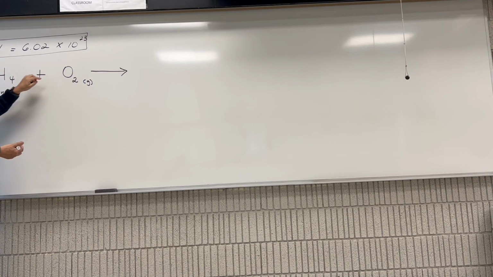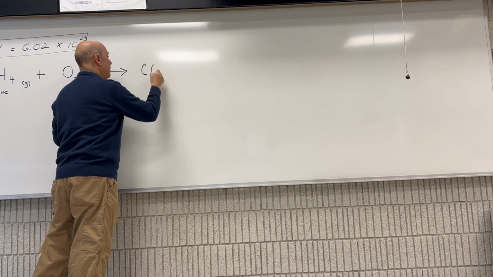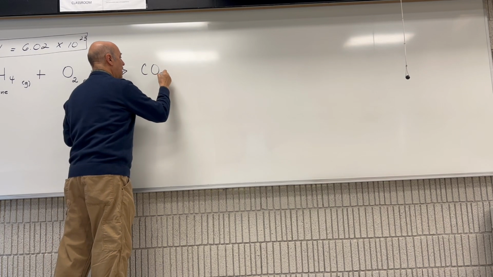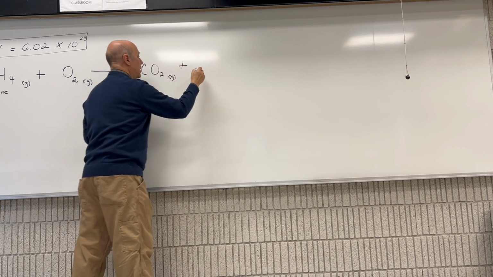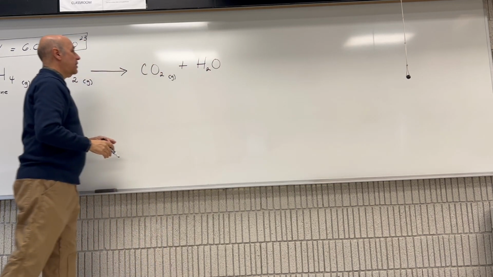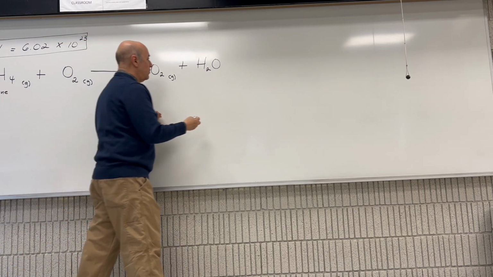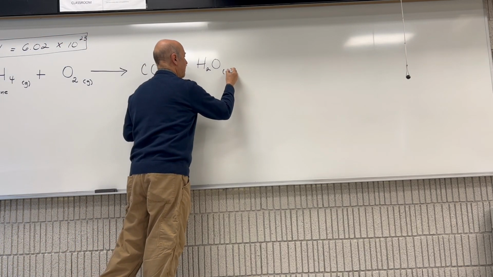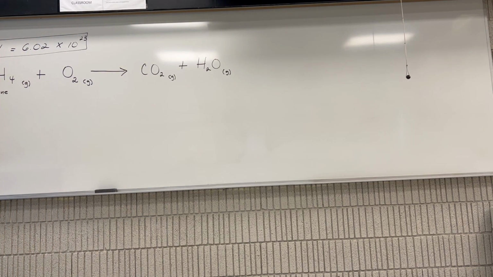This burns in the presence of that, and the products are always the same: carbon dioxide, another gas at room temperature, and water. Now, because this is happening at a high temperature, since this is burning, the water is often also a gas. But it immediately cools down to a liquid when done, at room temperature.